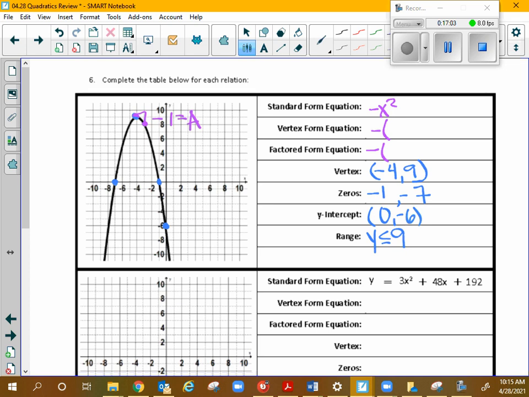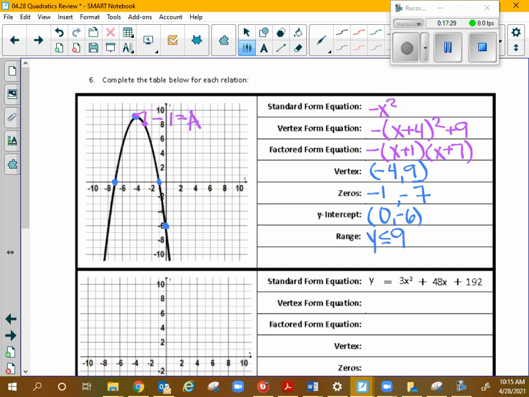Yeah, standard form is probably going to be my last one, right? But if I'm doing vertex form, it would be negative times what? X plus 4 squared plus 9. Good. What about my factored form? Negative times x plus 1, x plus 7.